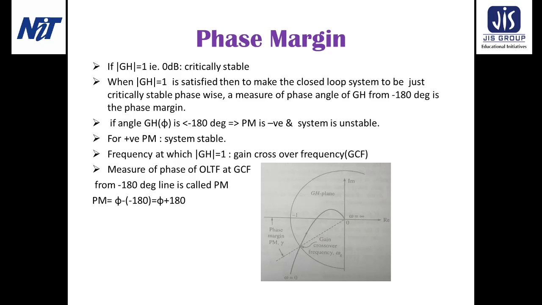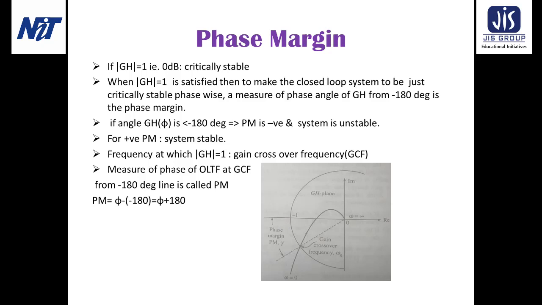Now, we note that the relative stability information can be obtained from the polar plot of the open loop transfer function. And in the open loop polar plot, a line may be drawn from the origin, this dotted line, which will intersect the unit circle where it crosses the G(s)H(s) locus, and the angle is the phase margin. This angle is denoted as gamma, the phase margin.